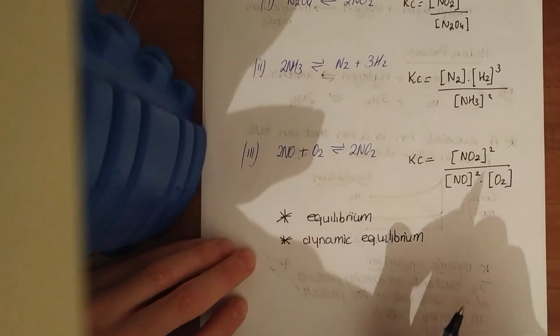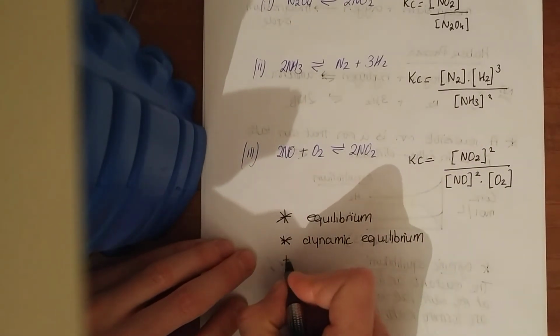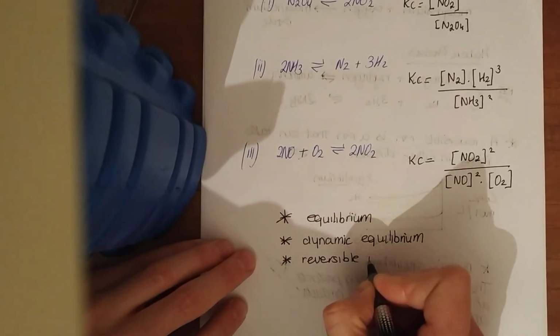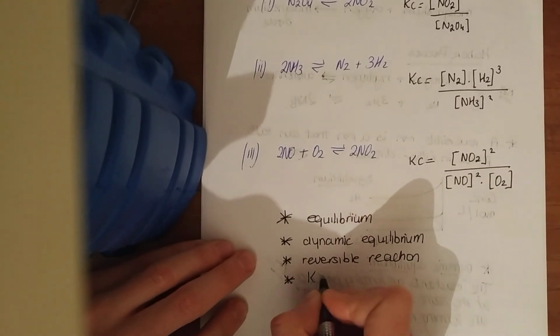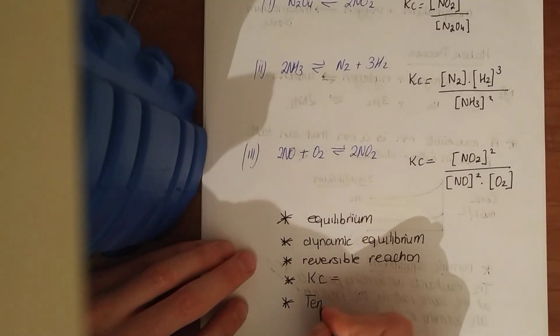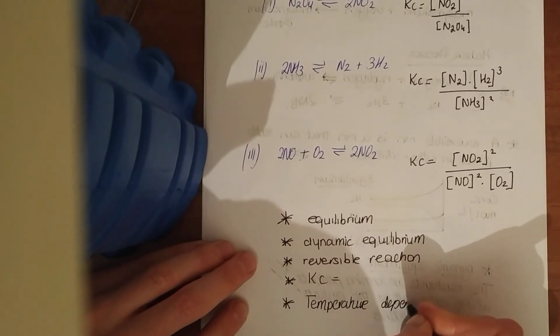Reactants are forming products at the same rate as products forming reactants. And the last one, reversible reaction, a reaction that can take place in either direction. Then to know how to find your Kc, and that it's products over reactants, and to know that it's temperature dependent. If you know that, you'll be very well set up.